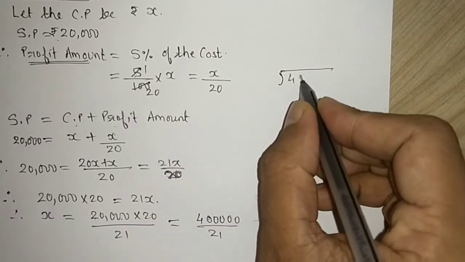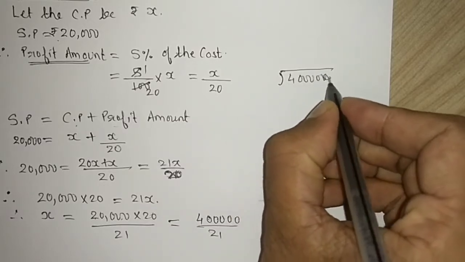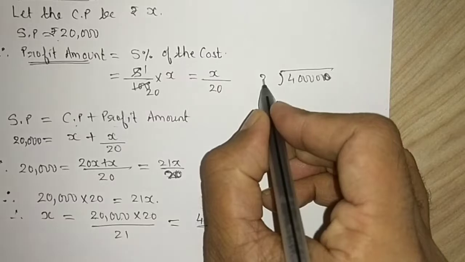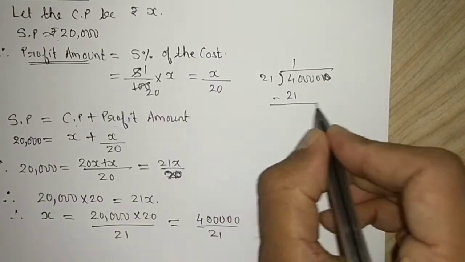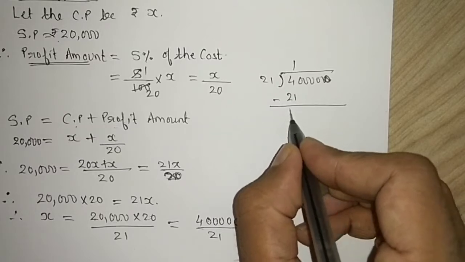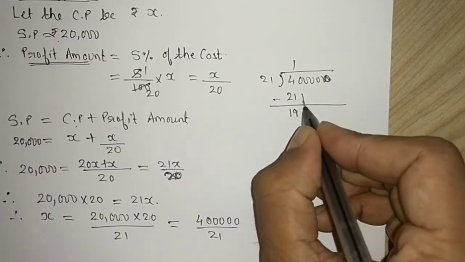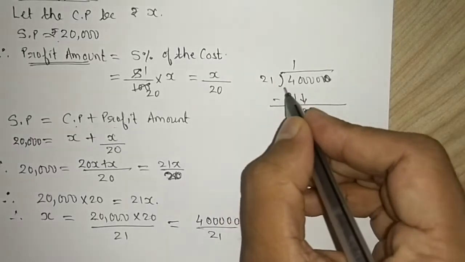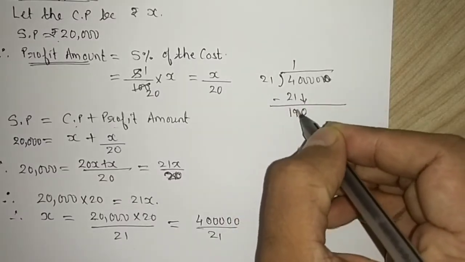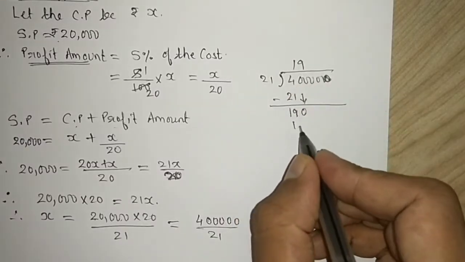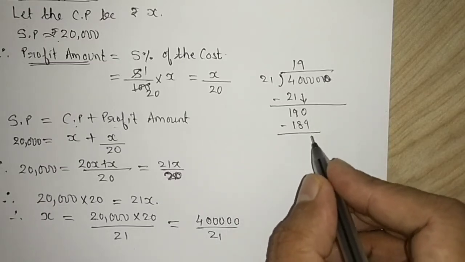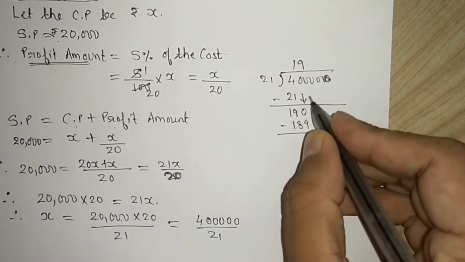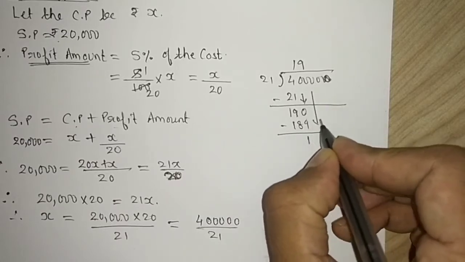So I am writing 4 and 5 zeros divided by 21. 21 ones will give me 21. 40 minus 21 is 19. This 0 will come down. 21 nines is 189. Here 1 will be left. This 0 will come down.